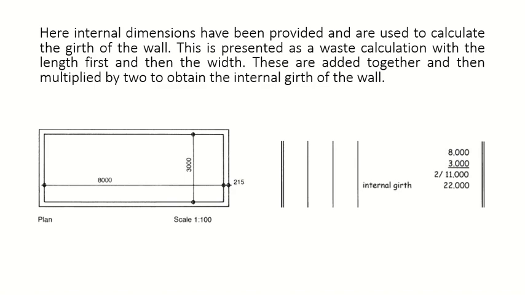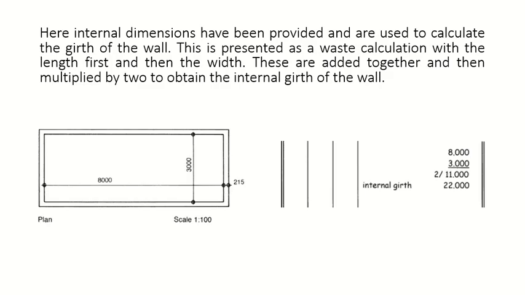For example, let's say this is a room, or a plot, or a building, whatever. You can see the internal dimensions are given. The thickness of the wall is also given, but we are not concerned about the thickness of the wall right now. You can see this internal dimension is 8 and this one is 3. If I want to take the perimeter, this wall plus this wall, so 8 plus 3, that will be 11, and then I have the other face as well.